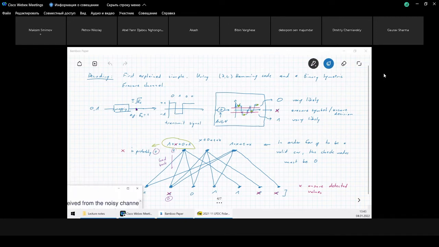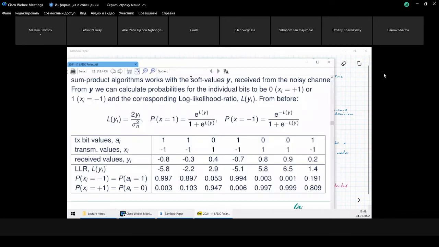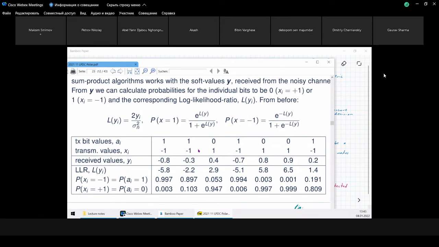So here I have actually an example with values that were transmitted. I assume I transmit this bit pattern, a valid code word from the (7,4) Hamming code. The bit values are mapped to -1 or +1, or minus square root E_C and plus square root E_C.